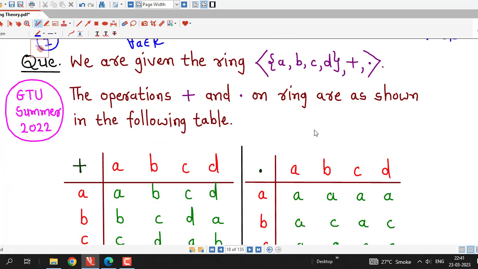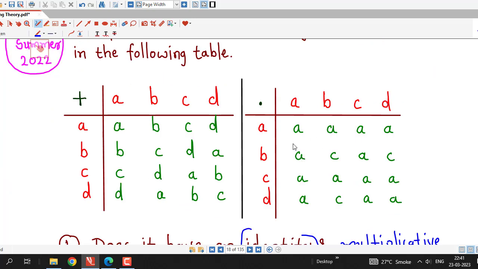So here for identity we have to search in this composition table for the multiplication operation, and we have to check whether there exists any element such that that condition is satisfied. If we start with A, then whether there exists any element E which is unique such that A into E equal to E into A equal to A, that we have to check for B, C and D also.